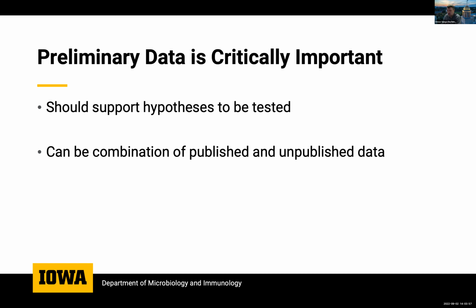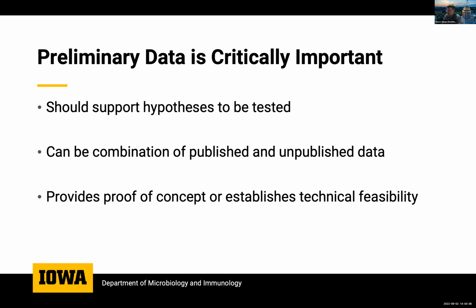They can be a combination of both published and unpublished data. You can certainly put published data in as your preliminary data. That's not a problem. And you want it to provide a proof of concept that establishes the technical feasibility of what you're proposing.